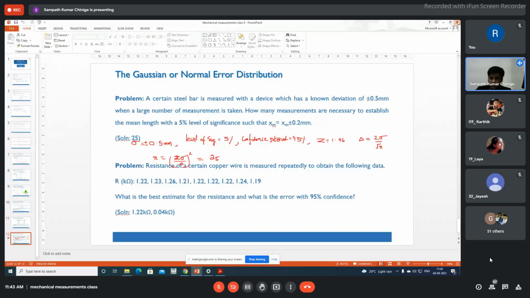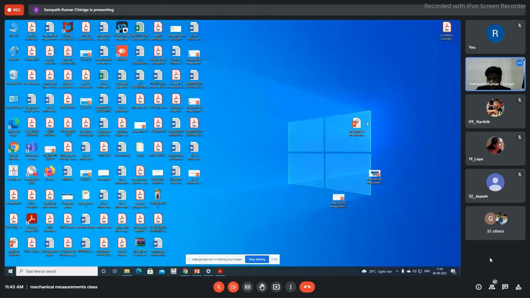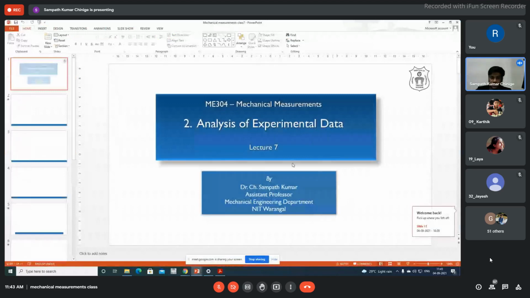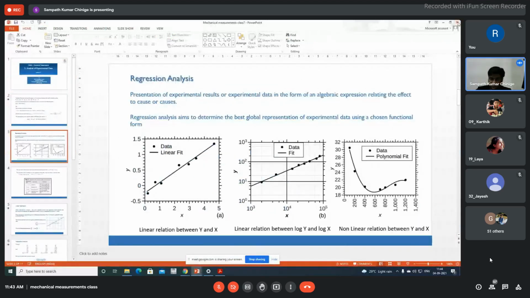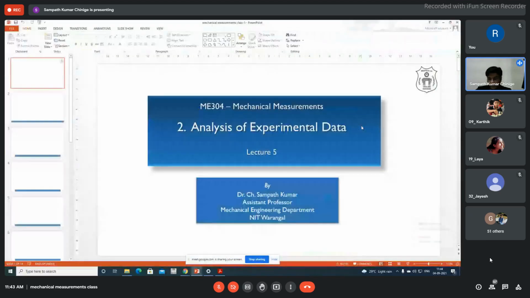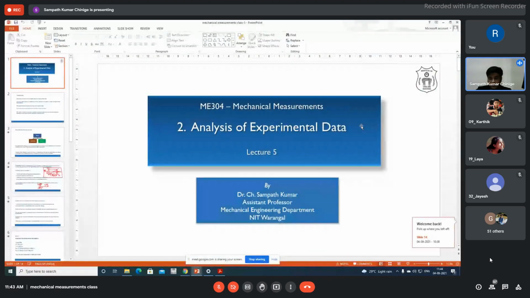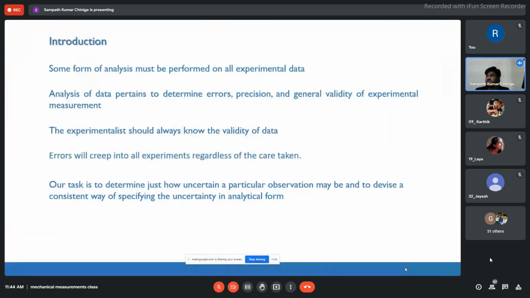So now we have found out two ways. One is measuring the standard deviation. And we also found out how we estimate the random error with the normal or Gaussian curve.